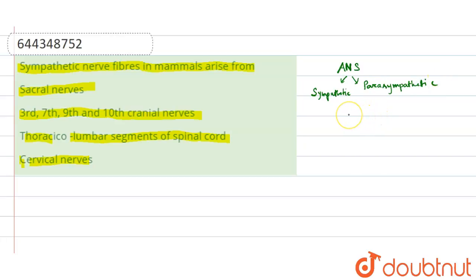The sympathetic nervous system activates the fight and flight response. Whenever we have fear, either we have to fight, or otherwise we have to fly from here, and that is called flight. It mostly happens during a threatened period or danger.